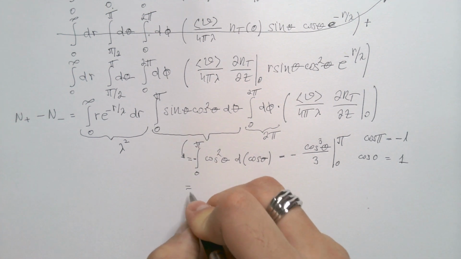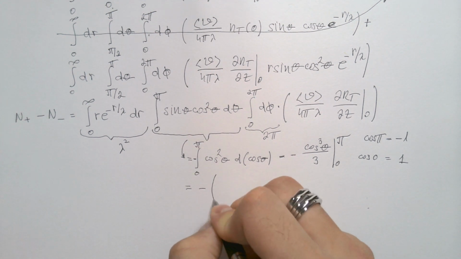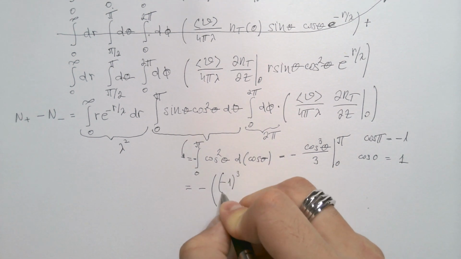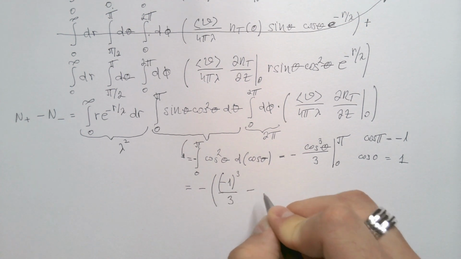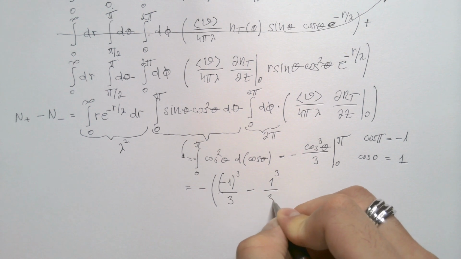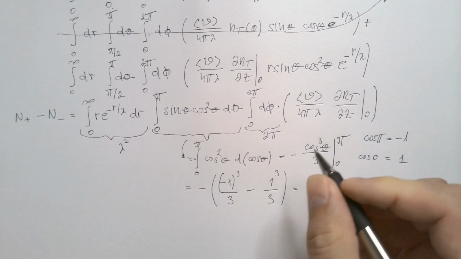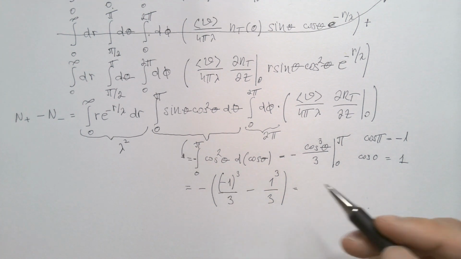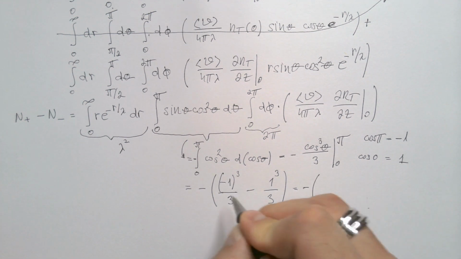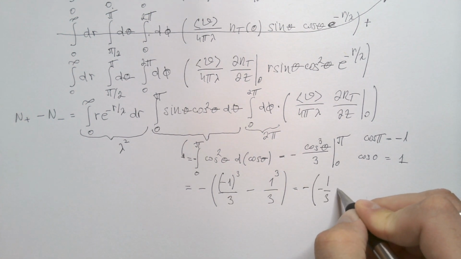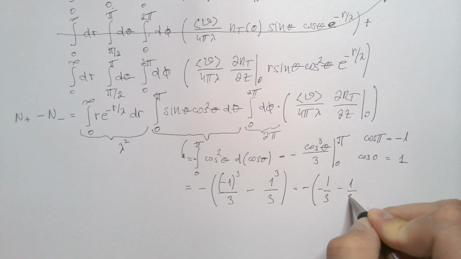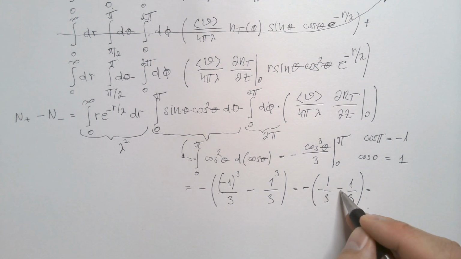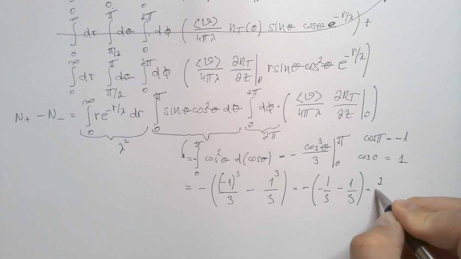So that means this integral further becomes negative. So we will have negative 1 to power 3 divided by 3 minus positive 1 to power 3 divided by 3. And that is equal minus 1 times minus 1 is positive 1 times 1 more minus 1 is negative 1. So that will be negative, and then I will have minus 1 over 3 minus 1 over 3, and that is equal 1, because this minus will make these minuses positive, so I will get 2/3.